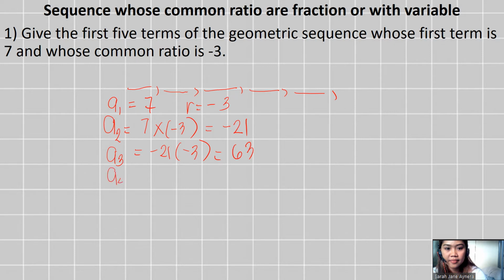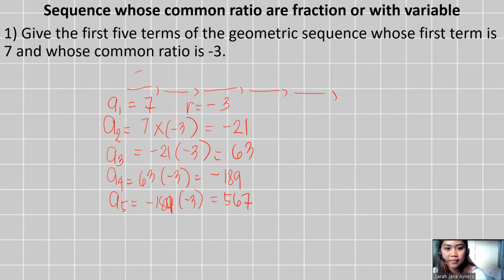Then, to get the fourth term, previous term, which is 63, times the common ratio, that is equal to -189. And the fifth term is equal to your fourth term, negative 189, times negative 3, is equal to 567.